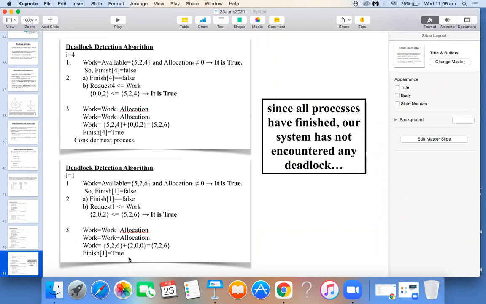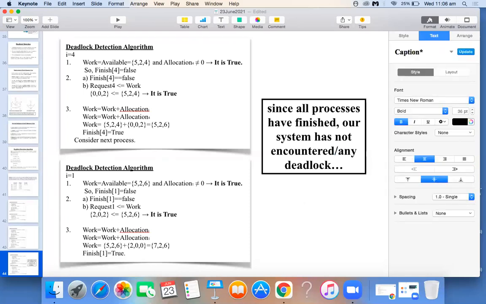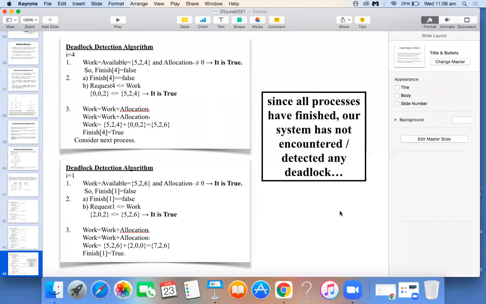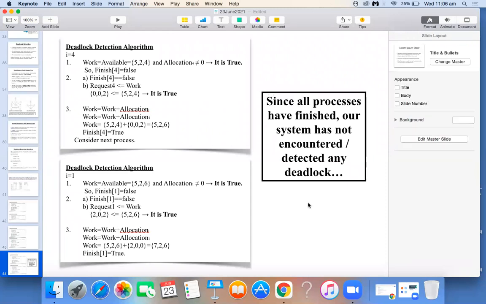If any one process is false, then you have to write system has encountered the deadlock, or system has detected the deadlock. So this is the answer for your problem. Okay. So is it clear to all of you? Everybody understood how to solve the problems?